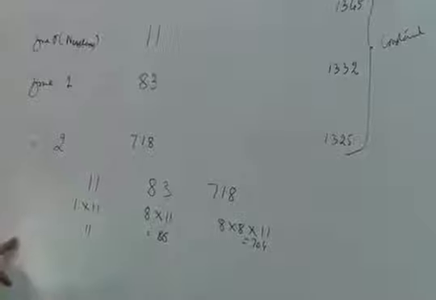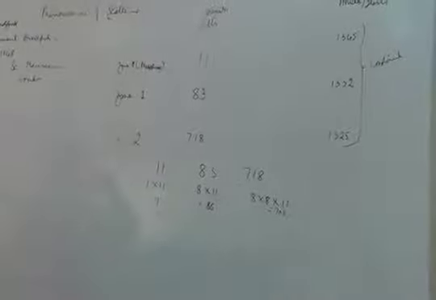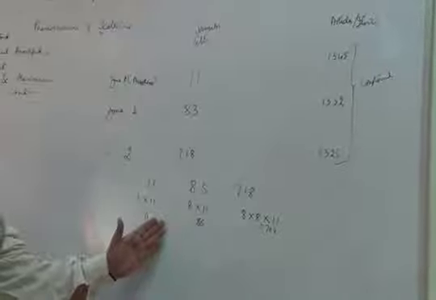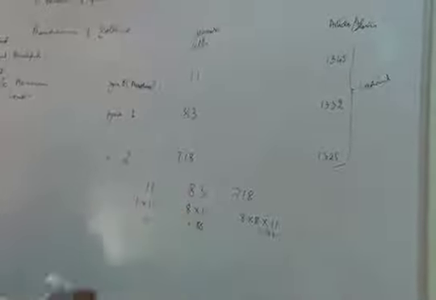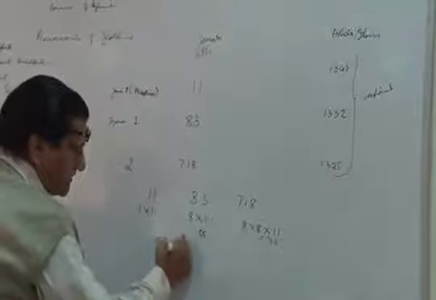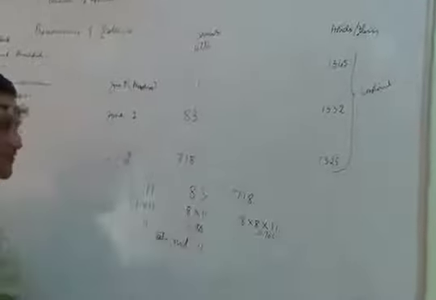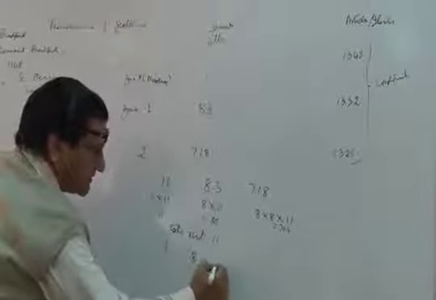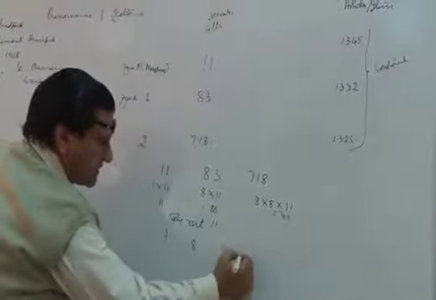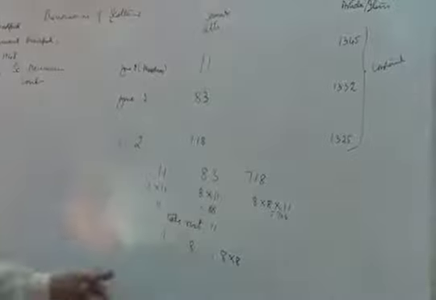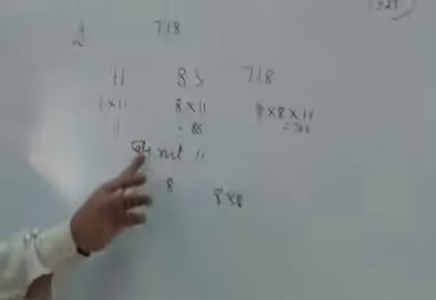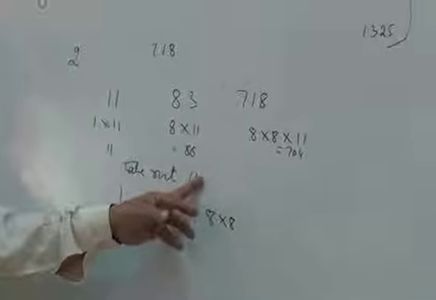In this equation, 11 is common, appearing as a multiple of different figures. So take out 11 and then you will find it will be 1 into 8 into 8 into 8. 1 ratio 8 ratio 8 into 8, because we take out 11 which is common.